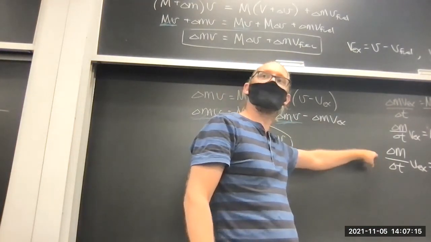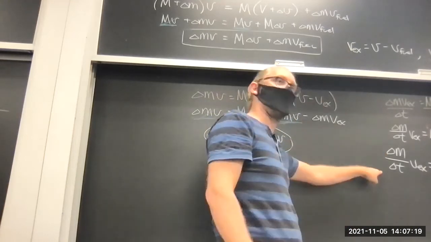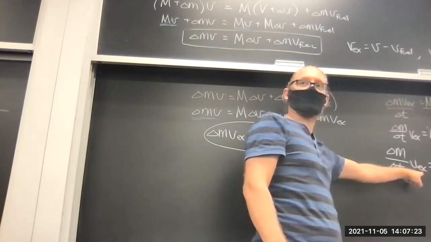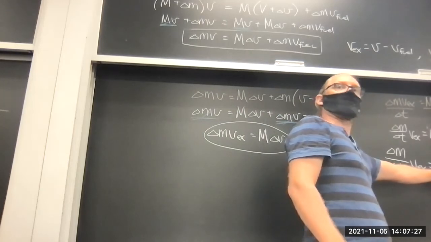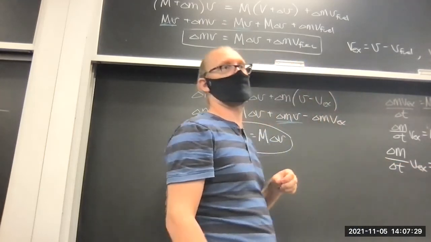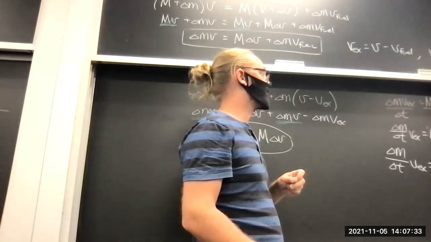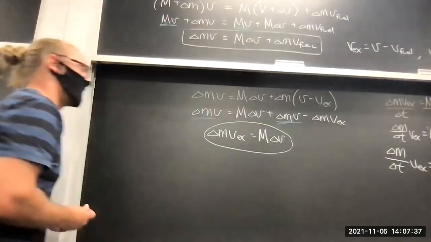So if we change the mass fast, if we have a lot of mass that we change in a short time that expels very quickly with respect to the rocket, we get an acceleration, or we have a thrust from the fuel. Cool, huh? All right, so back to this.